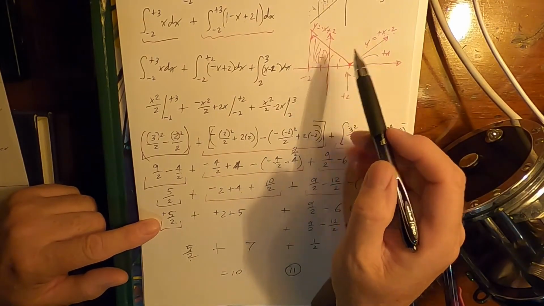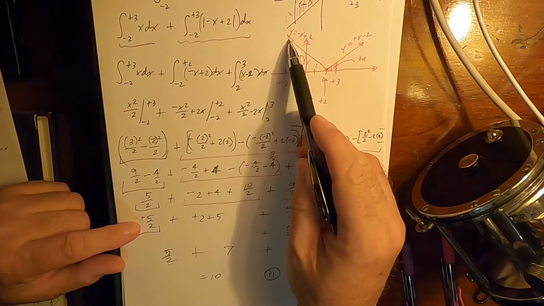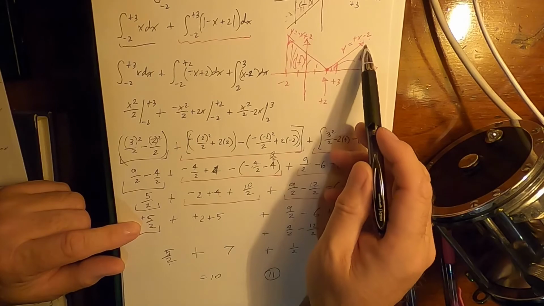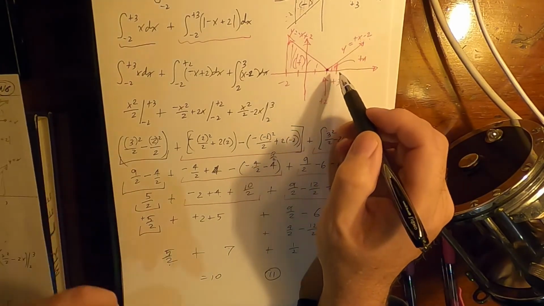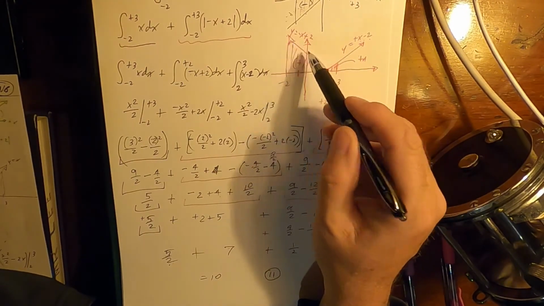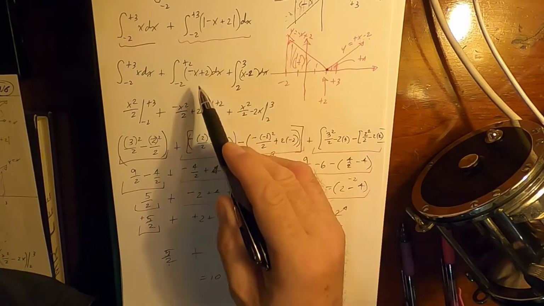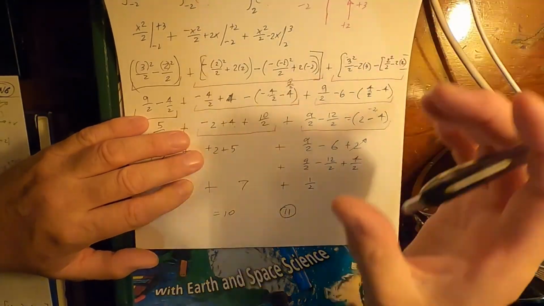Okay, but in this case, with this function, you had to break this function up into 2 different functions, and you had to realize where it actually comes to a point where the 2 separate functions are separated, and treat each individually and run down the areas.